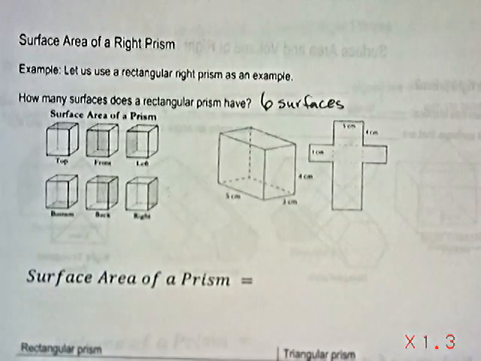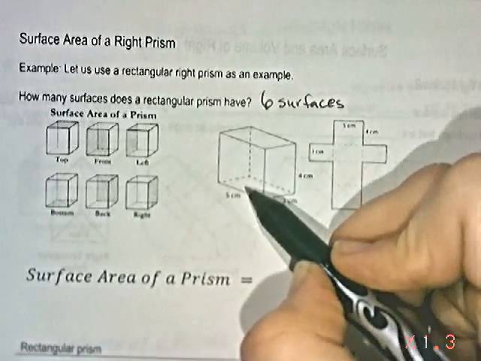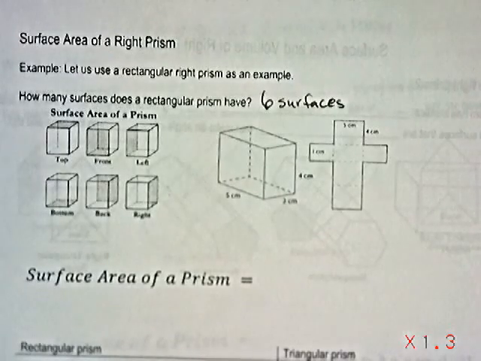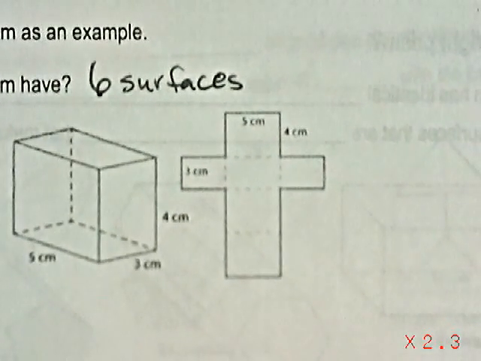And so when we take apart a 3D shape, if we can picture cutting along all of those edges where they are connected, we can unfold that shape into what we call a net.